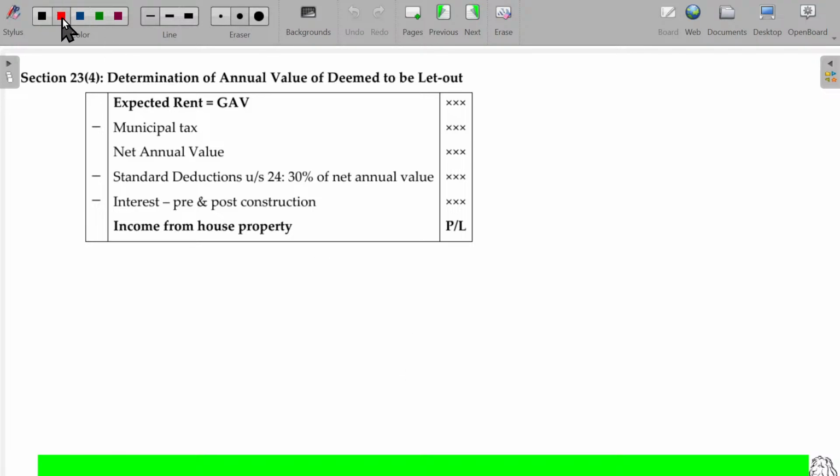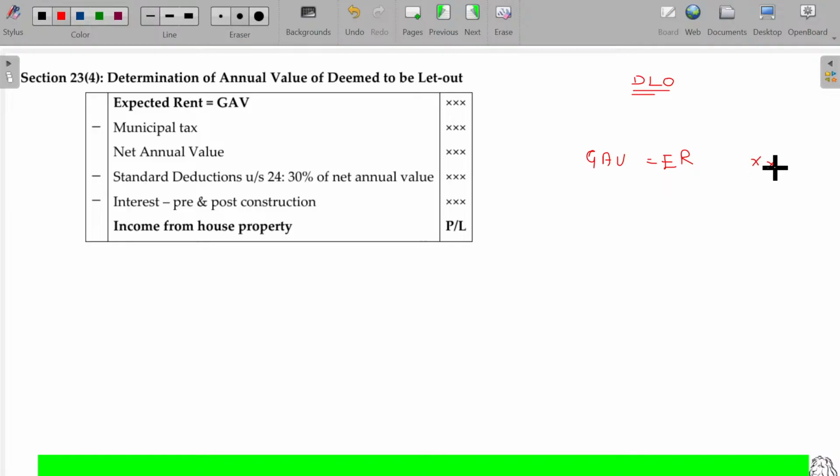Now, in case of deemed to be let out, how can we calculate, sir? In case of deemed to be let out, your GAV is equal to estimated rent, expected rent. Of course, there is no real rent received. As you yourself are occupying, you don't get any rent. As you don't get any rent, the expected rent will be your GAV.